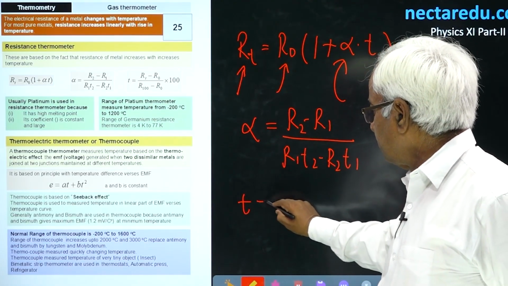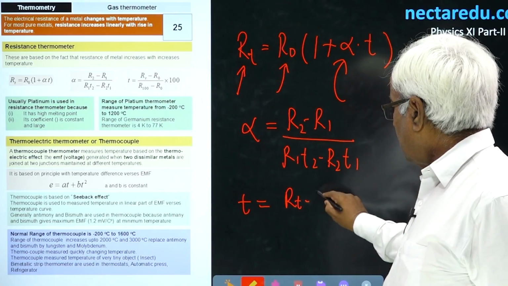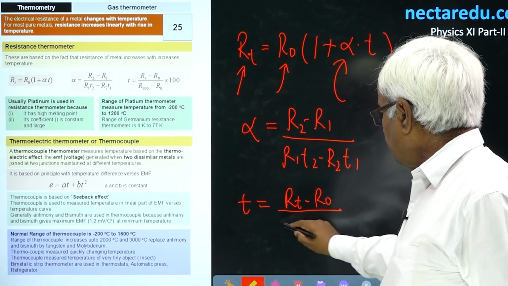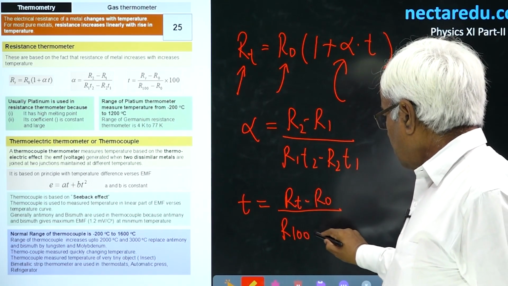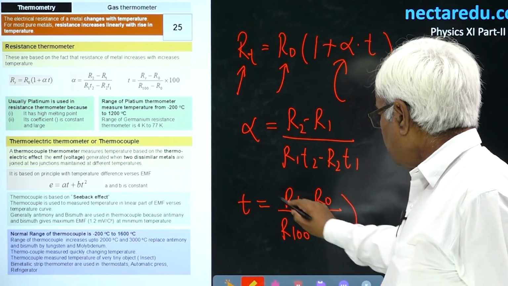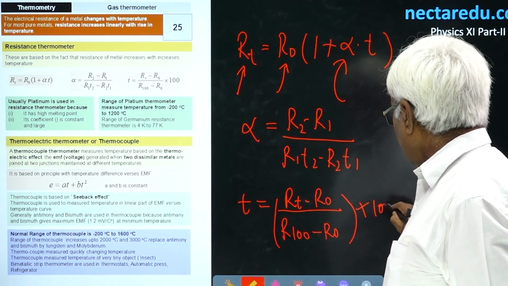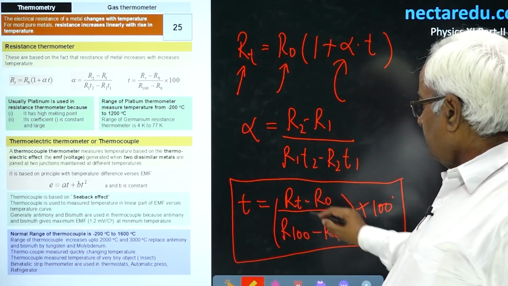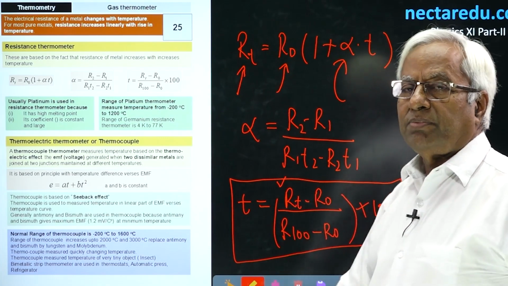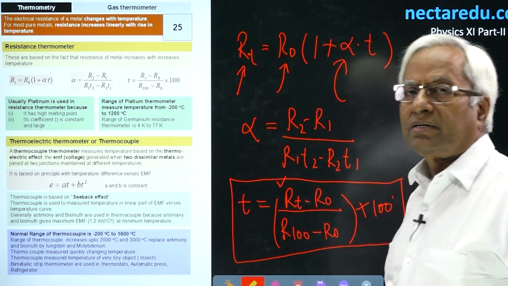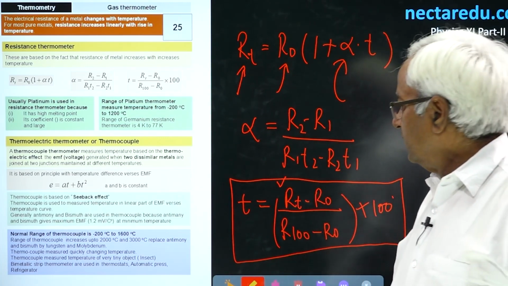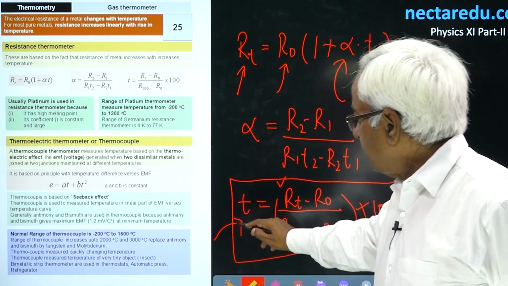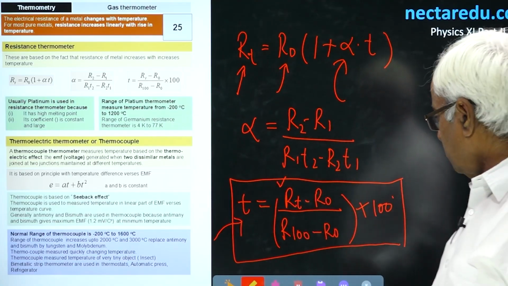Then the temperature is given by T = (RT - R0)/(R100 - R0) x 100. R0 would be known to you, and you just measure the resistance of that wire at a particular temperature. That temperature can be calculated using this relation.